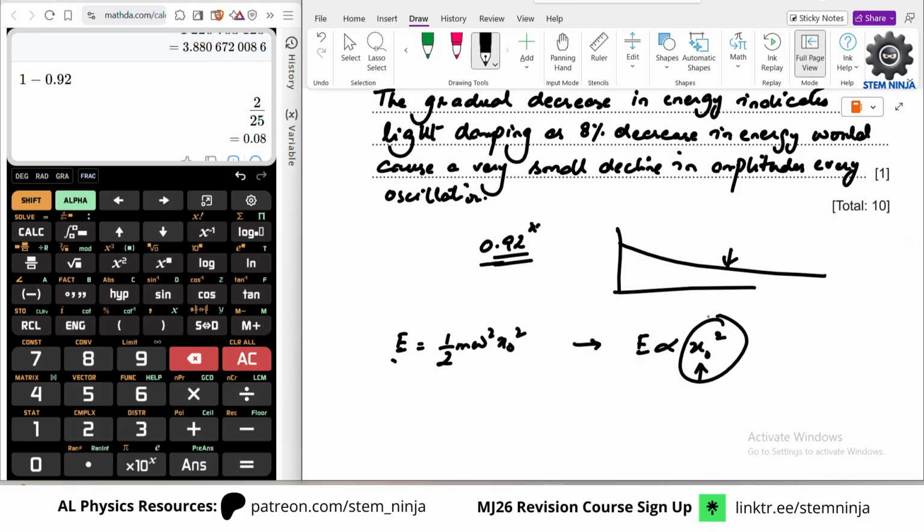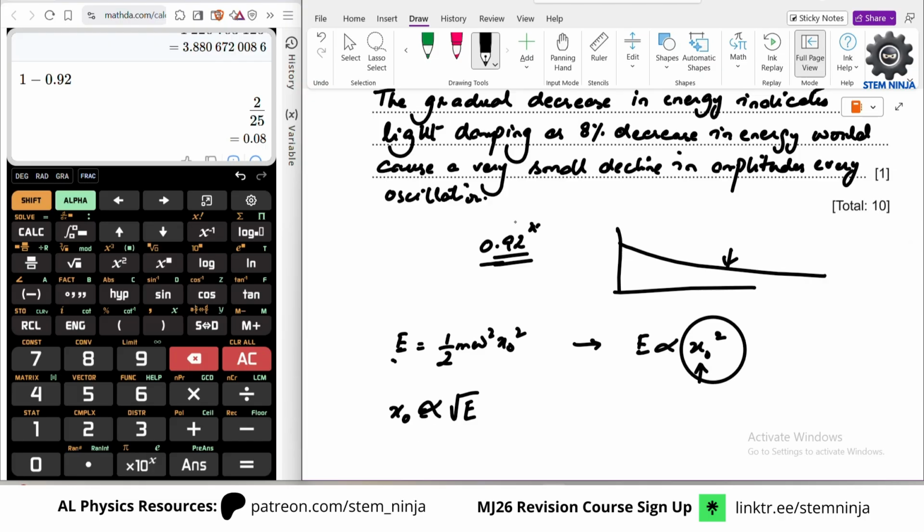So notice that this is a square of that oscillation. So if you want to see the amplitude, this is proportional to the square root of the energy.